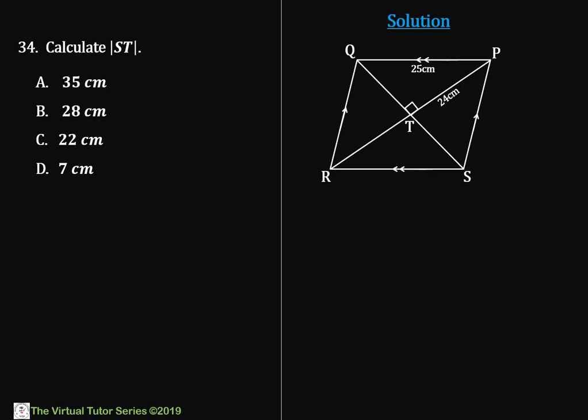Applying Pythagoras theorem, we have length QT square plus length PT square to be equal to length PQ square. That is length QT square plus 24 square is equal to 25 square.